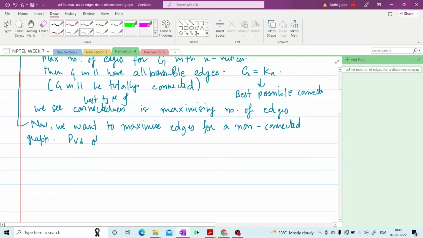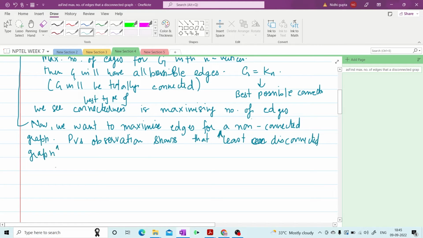The previous observation that this Kn is maximizing the edges shows that the least connected graph, this is just for motivation.